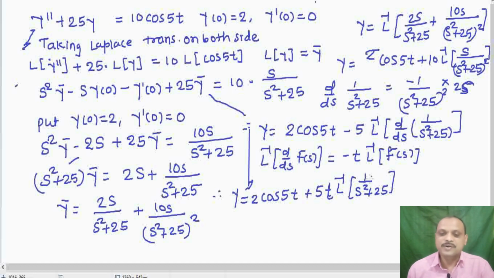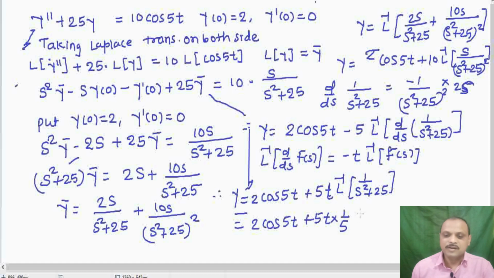We have a standard formula for this. So this is equal to 2 into cos of 5t plus 5t into 1 by 5 into sine of 5t. The 5 gets cancelled, and we get a simple answer: 2 into cos of 5t plus t into sine of 5t.